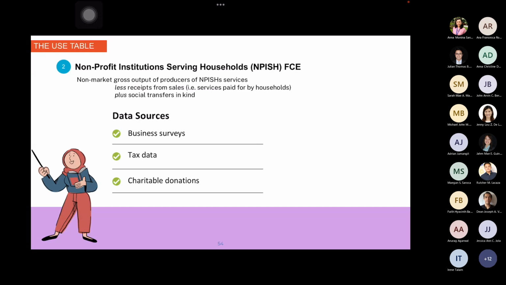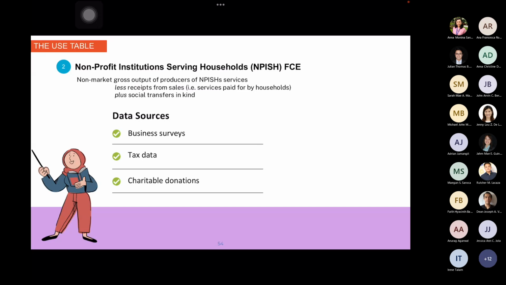So some countries require nonprofit institutions to register with the government and submit annual statements of revenue and expenses. So it's possible that they have data available for these institutions, and can include the components required to compile estimates of final consumption expenditure.